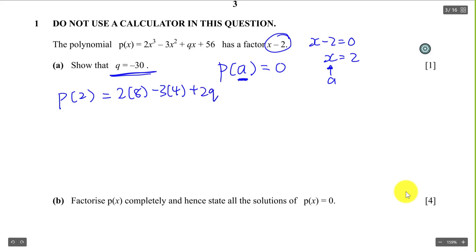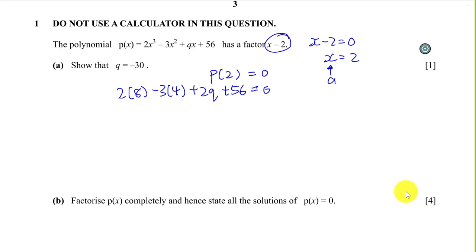Plus 2q plus 56 equals 0. Sorry, you should write equals 0 because you need to show. Okay, never mind, I will write it properly. The whole thing will equal 0. On the top, I will just write p(2) equals 0.